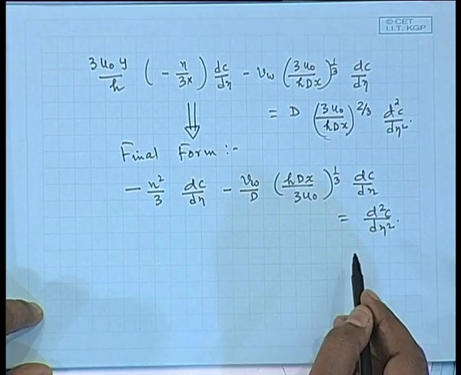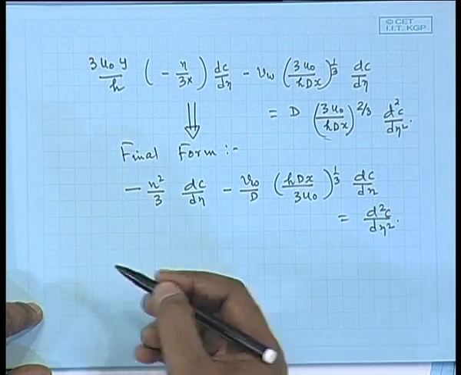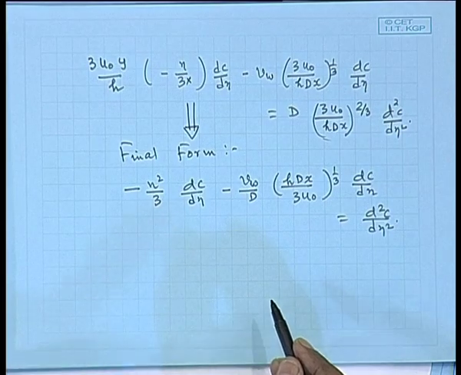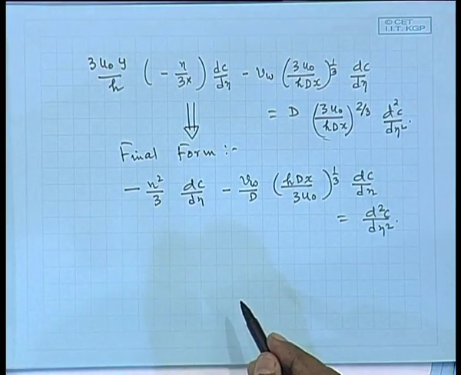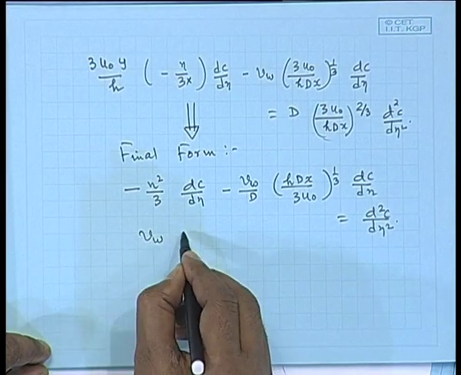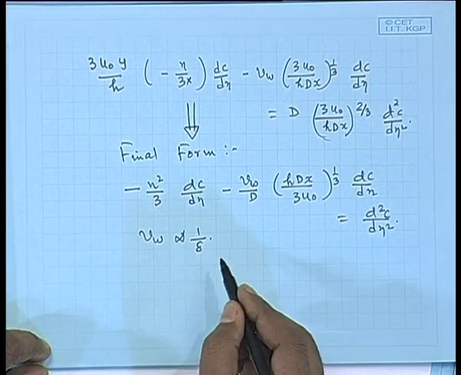Now, here again there is a trick. As we have discussed earlier, the permeate velocity will be inversely proportional to the thickness of the concentration boundary layer, right. That means Vw is inversely proportional to delta.